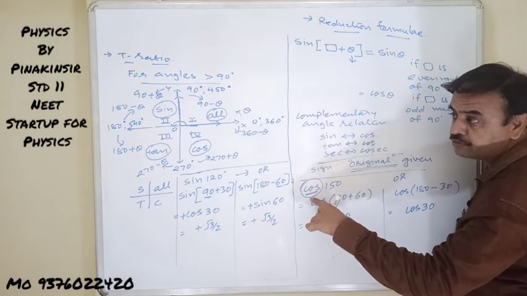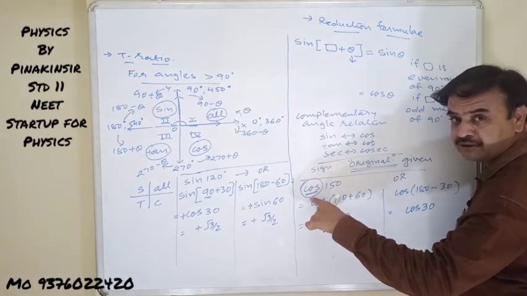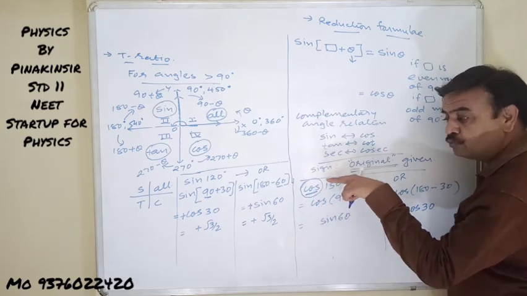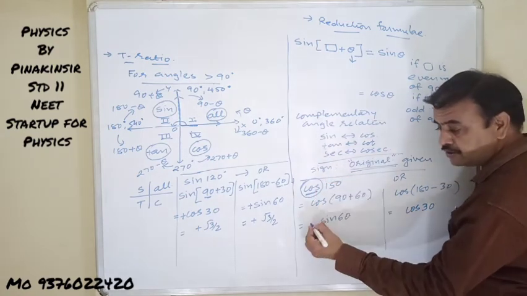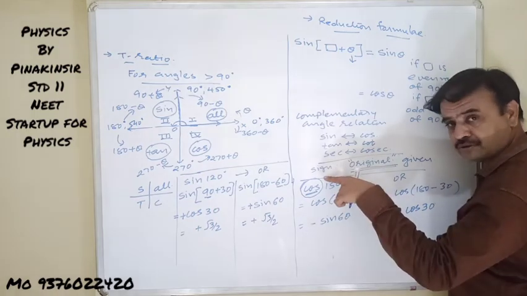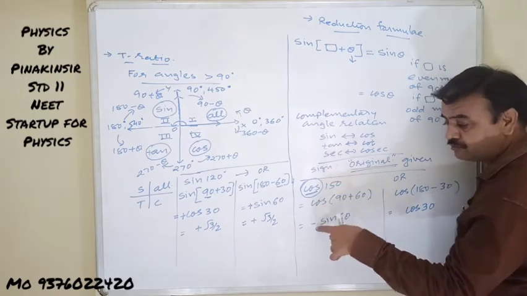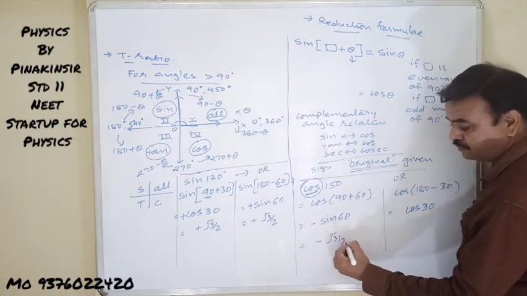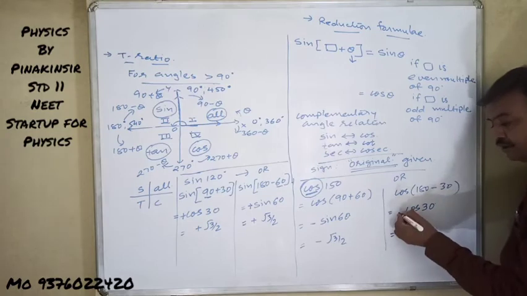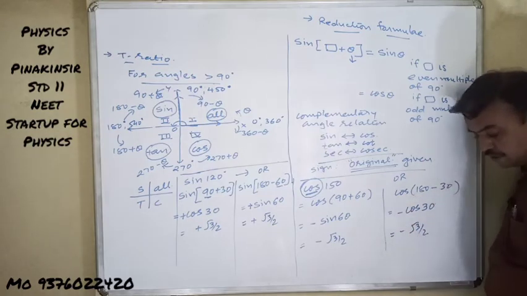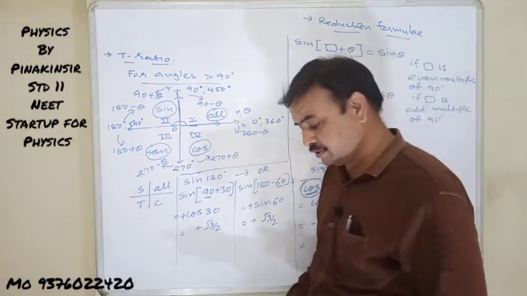See, cos is positive in the fourth one, but in the second one it is negative, and thereby in the second quadrant the original cos function is negative. This one is duplicate, but the original cos function which is asked is negative there. Then your answer will be negative root 3 by 2. Again here you can write negative. The value will be the same, just the way of representing is different.